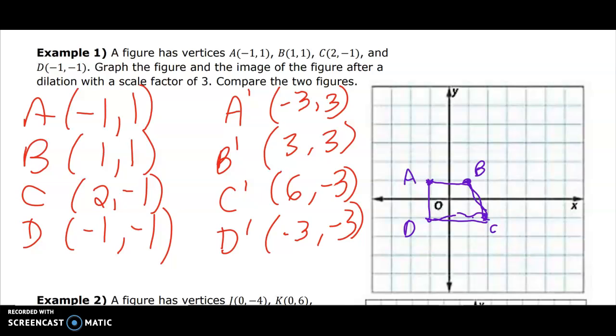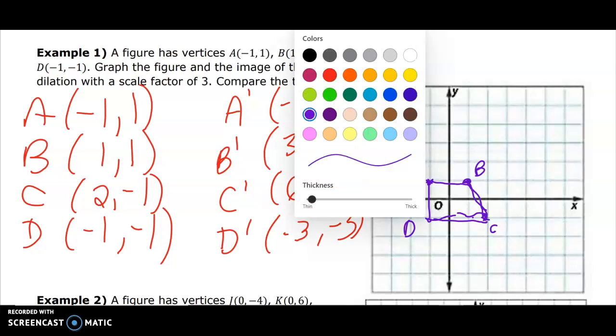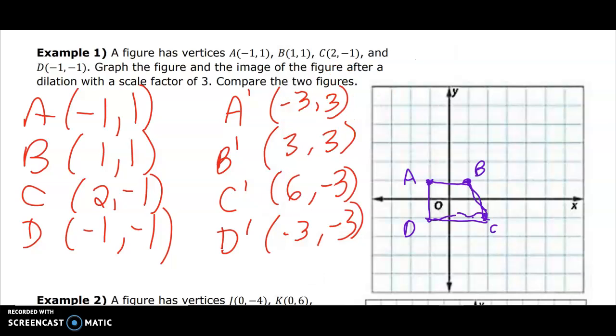Okay, so now I'm going to do my primes. We'll pick a different color. Let's go orange. Okay? So then negative 3, 3, that's A prime. And 3, 3 is B prime.